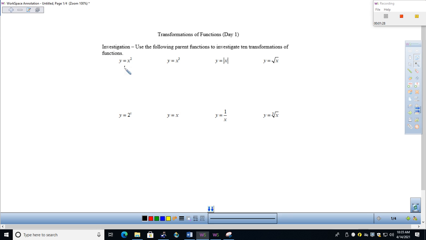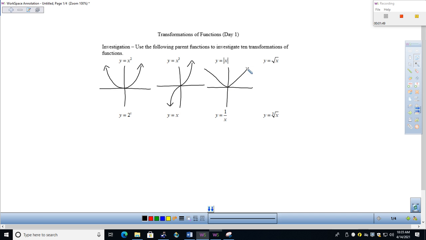So anyway, if you would, let's go ahead and not take too much time on this. Let's just draw these in so we know y equals x squared looks like that. So our most basic quadratic and our basic cubic. Okay, the absolute value one, that's a good one to use on some of these.